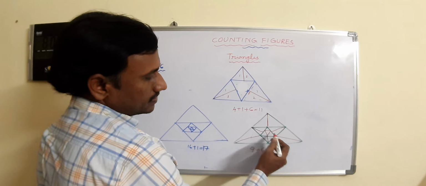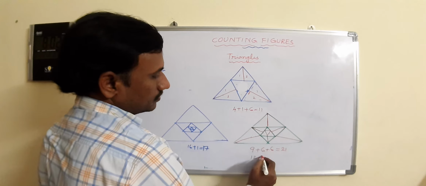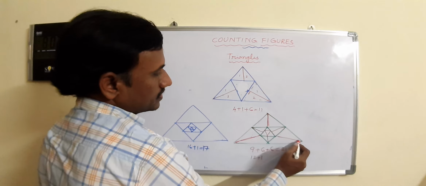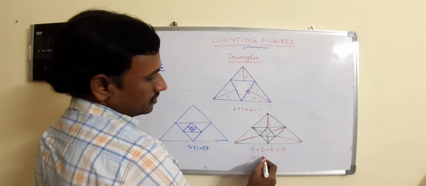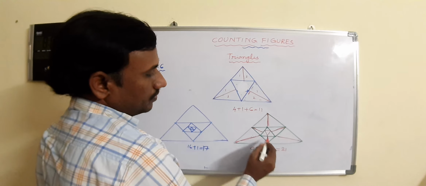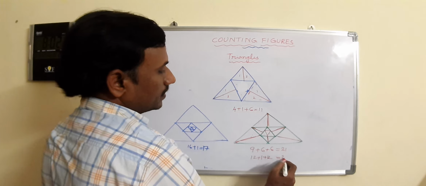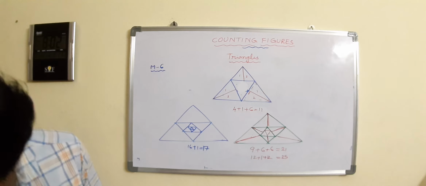Because of 3 triangles, 3 into 4 is 12, and the big triangle together makes 1. Now observe the partitions here. Here we are having 6 and here 6. 6 plus 6, 12. Be careful, here there are no partitions. Then in total how many triangles are we having? 25. This is another model.